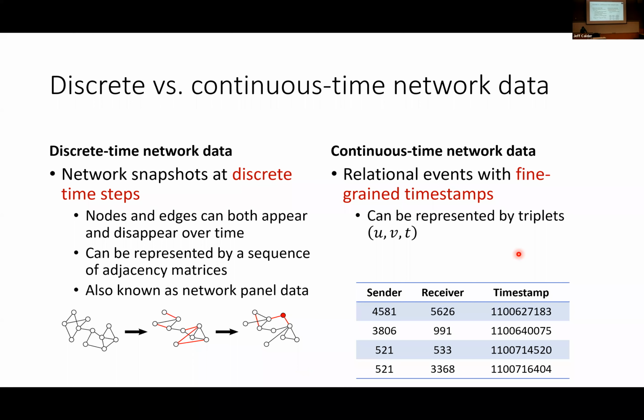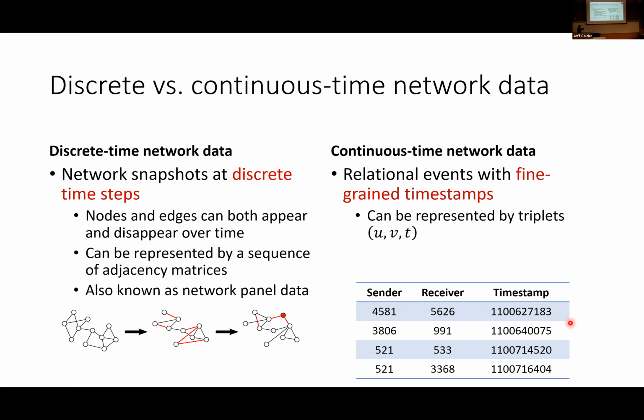This continuous time network data, you can represent by triplets. I call these U, V, and T, meaning senders, receivers, and timestamps. So node U initiated some type of interaction with node V at timestamp T. Here's an example. We have a sender, this is a node ID, who sent a message to this receiver here at this Unix timestamp.